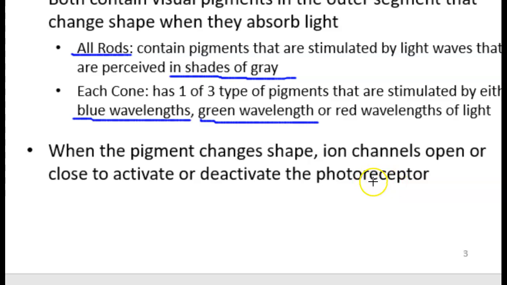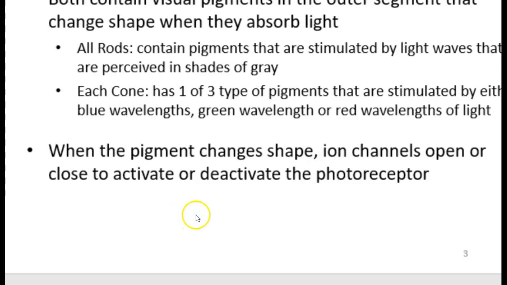And then finally, the third type of cone is stimulated by wavelengths of light that we see as red. Okay, but together, the rods and the cones give us excellent visual acuity. We're really able to discern fine detail.